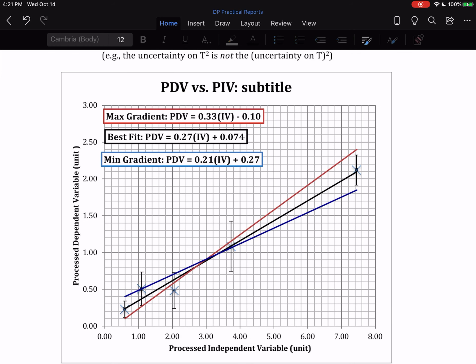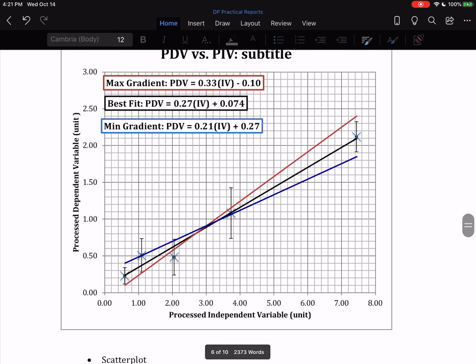You will then have a well-formatted graph as shown here, showing the processed dependent variable versus the processed independent variable for whatever your linearization is. You can include a title or a subtitle, and you should show the equations for your maximum gradient and minimum gradient within your error bars on the graph itself.